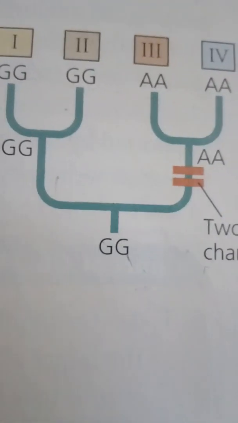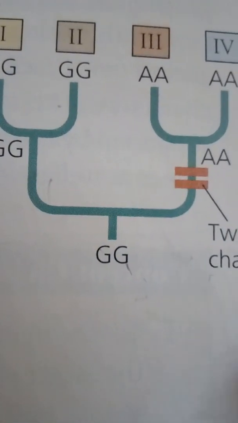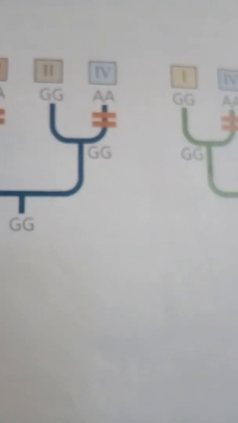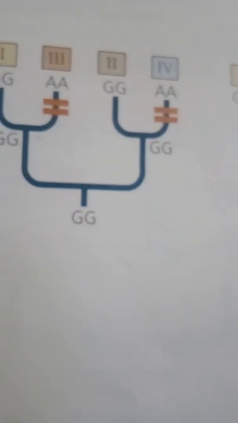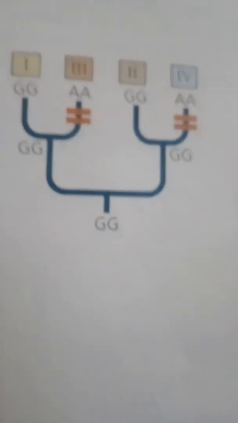other 2 trees: 2 base changes. Note that in these diagrams we assume that the common ancestor had GG at sites 5 and 6, but even if we started with an AA ancestor, the first tree still would require only 2 changes, while 4 changes would be required to make the other hypotheses work.